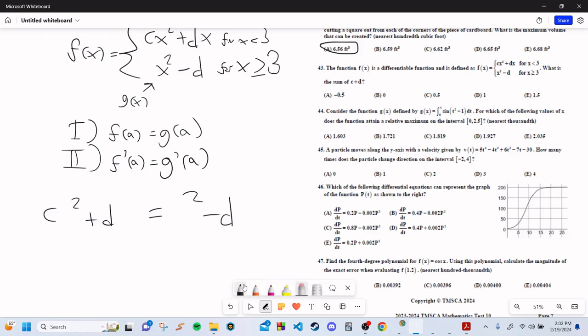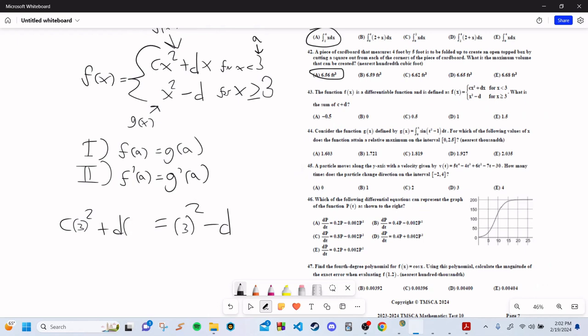So we're going to substitute all of these x's with 3. So we have 9c plus 3d equals 9 minus d. So this is our first equation.